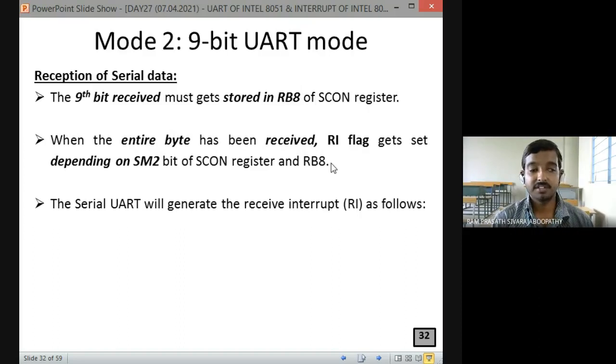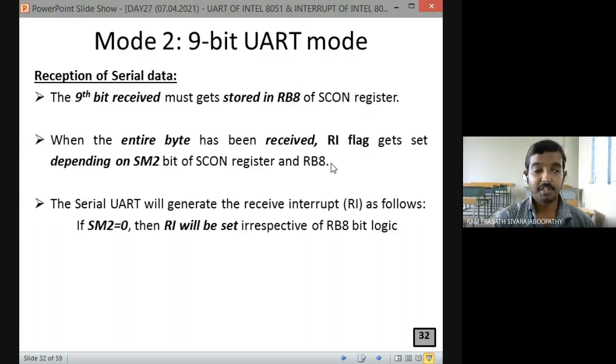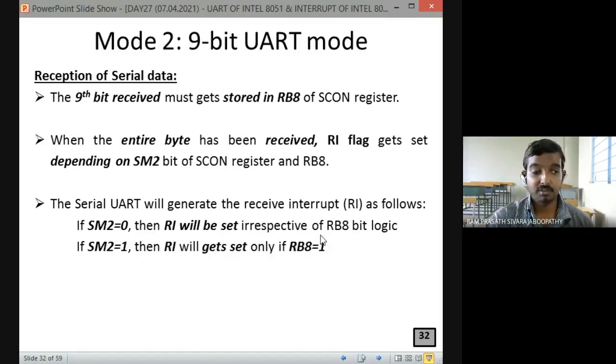The serial UART will generate the receive interrupt as follows. If SM2 is 0, RI will be set irrespective of the RB8 bit logic. As I said, if you have reset SM2, the interrupt generation does not depend on RB8. If SM2 is 1, the interrupt will be generated only if RB8 is 1. If it is 0, the interrupt will not be generated.